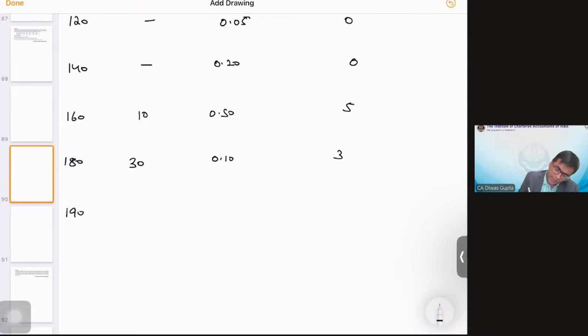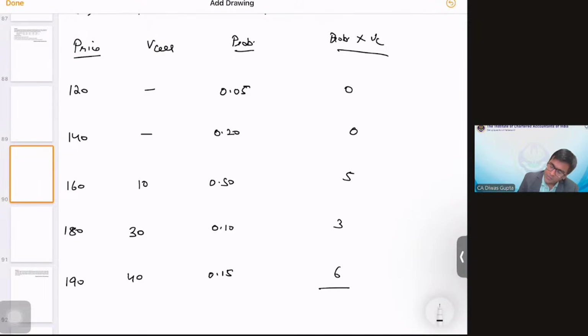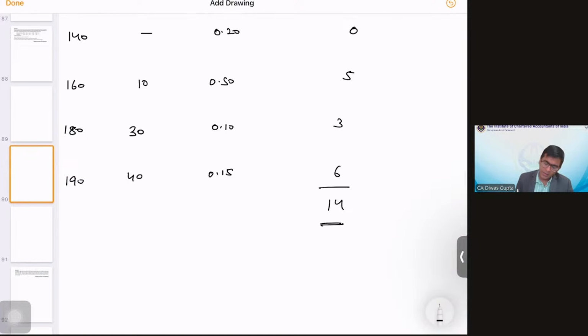At 190, 40, 15%. So 15% of 40 becomes 6. So this is the expected value of the call option on maturity. Just simply multiply it with the respective weight. So this becomes 14 and this overall becomes 1.